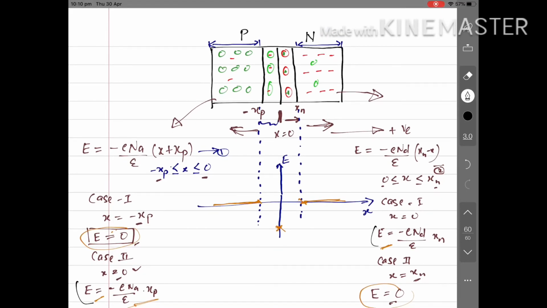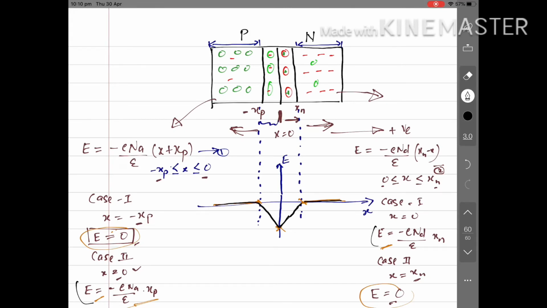Now let me connect the points like this, and this was the point where there is no electric field. Here you can see that the electric field is in the negative direction.